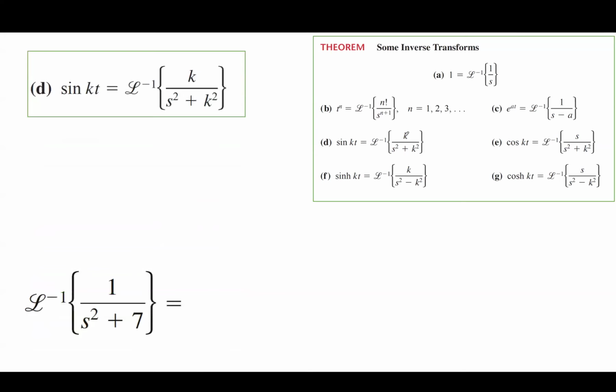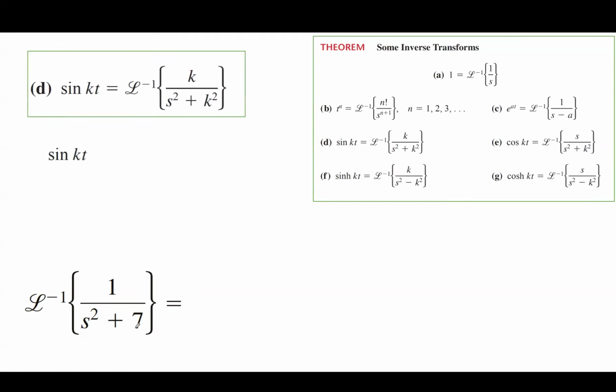So I prefer to use sine of kt, which is the inverse Laplace of k divided by s squared plus k squared. So now I need to find k. k squared is equal to 7, so k is equal to square root of 7. Let's play around with this.